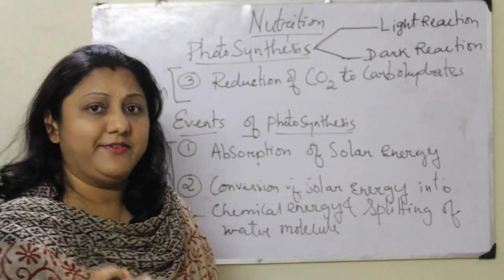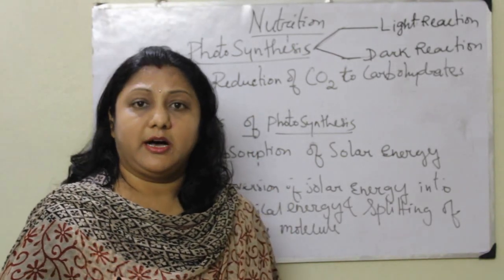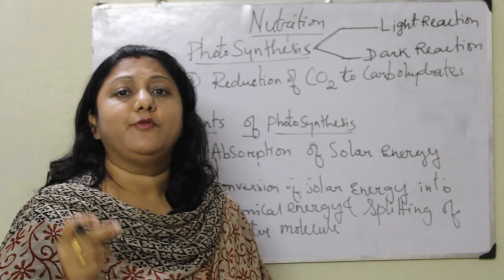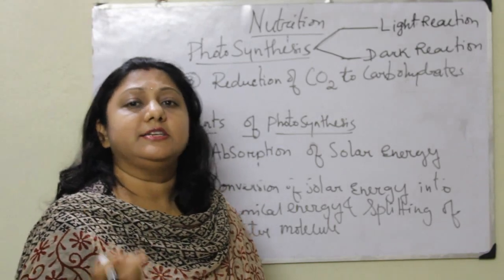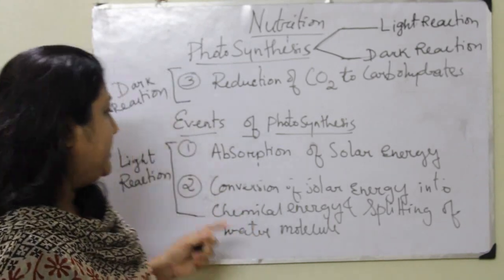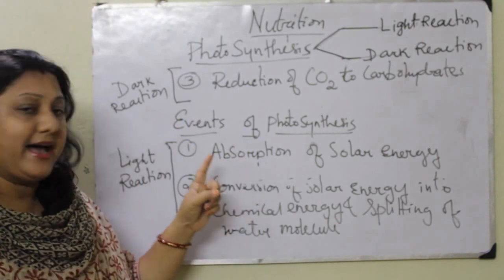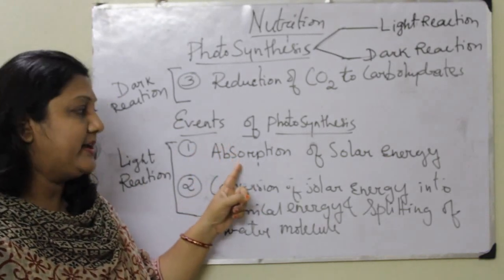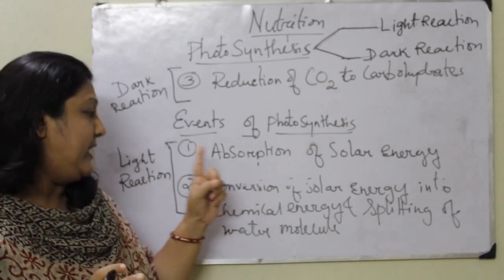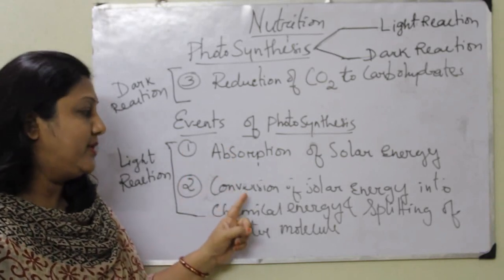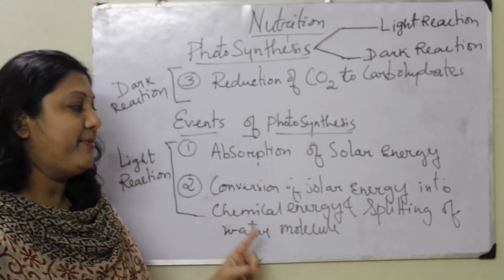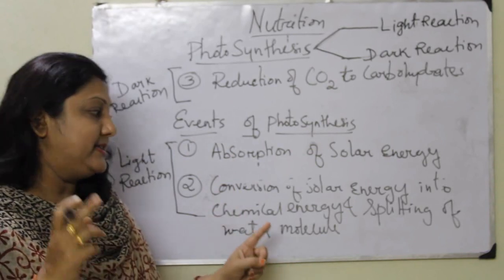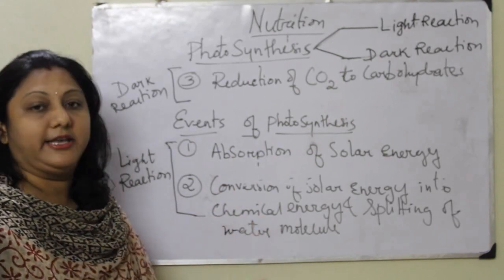Now what are the events? Let us sum up what are the events of light reaction and the dark reaction. The light reaction has two stages. One is the absorption of solar energy, that is step 1, and the conversion of solar energy into chemical energy, plus the splitting of water molecules.